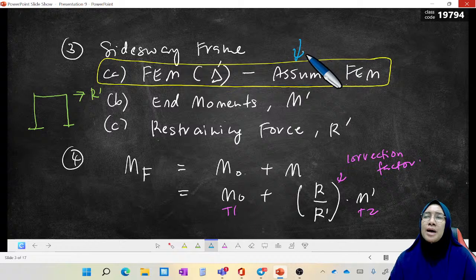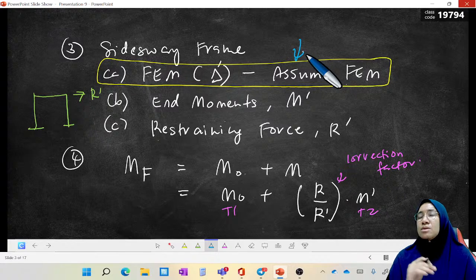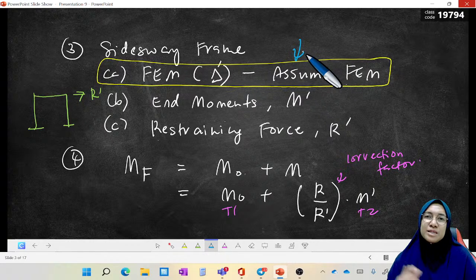Before I continue with the video to cover the assignment question, there will be 2 assignment questions, 1 beam question and 1 frame question. So to be able to understand the questions that will be given, you have to understand all these principles.